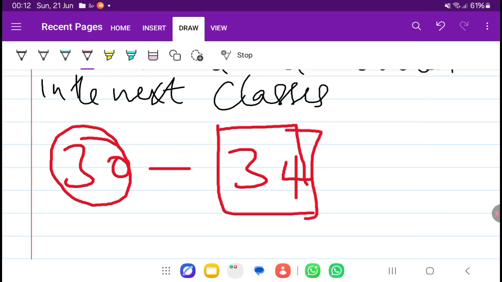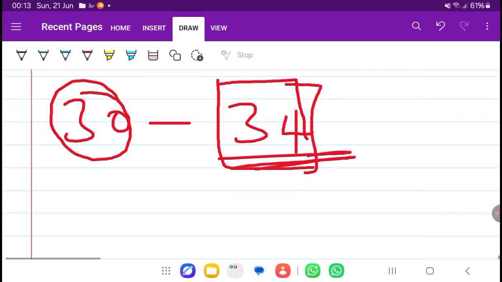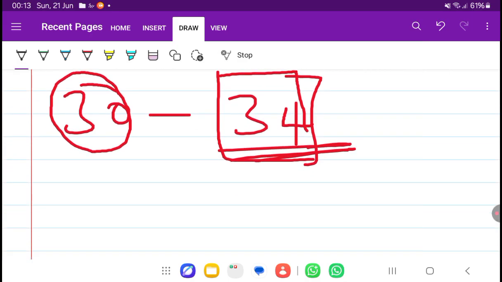Now, what this definition for exclusive class is saying is that the upper class limit is excluded from that class, but it is included in the next class. How is it going to happen? The next class will start with 34, maybe to 44.